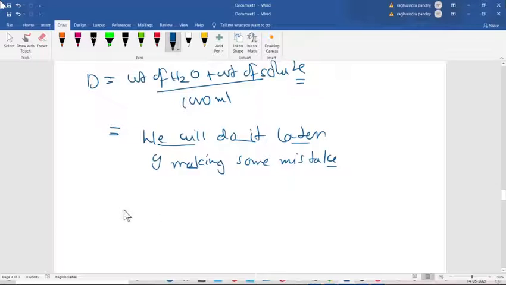No, the solution is 9 molar. You can't take 1 molar solution. I will solve it and then paste it in the WhatsApp group.